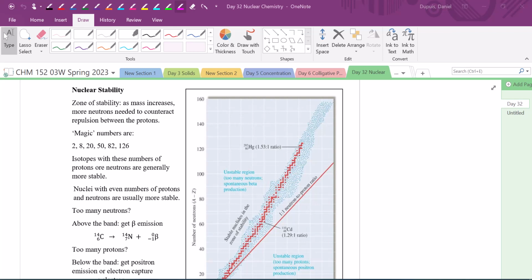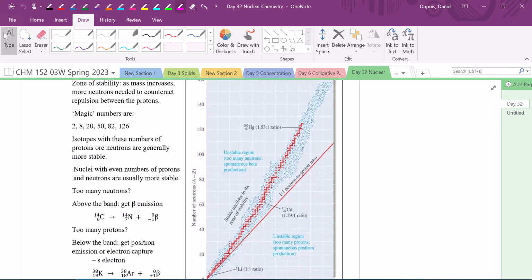One of the ways we can predict if a nucleus is stable is if you look at this chart, figure 20.5 in your book. It gives you the zone of stability. These are stable nuclides in the zone of stability. As you can see, we start off with hydrogen, helium, lithium, and we start to get a 1-to-1 ratio of protons to neutrons.